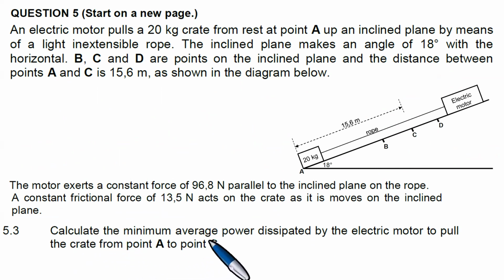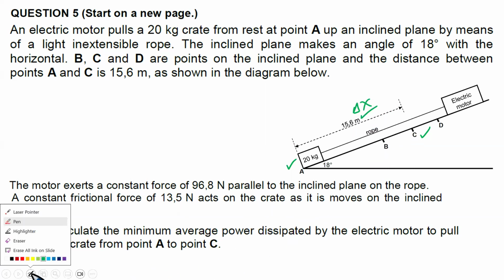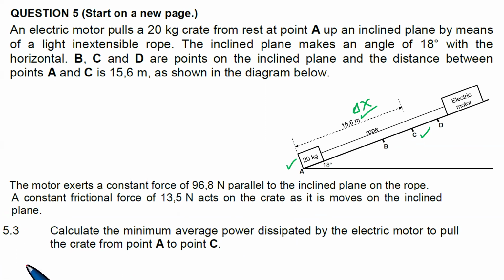Now calculate the minimum average power dissipated by the electric motor to pull the crate from point A to point C, through a distance delta x of that much. So now we're looking at 5.3.